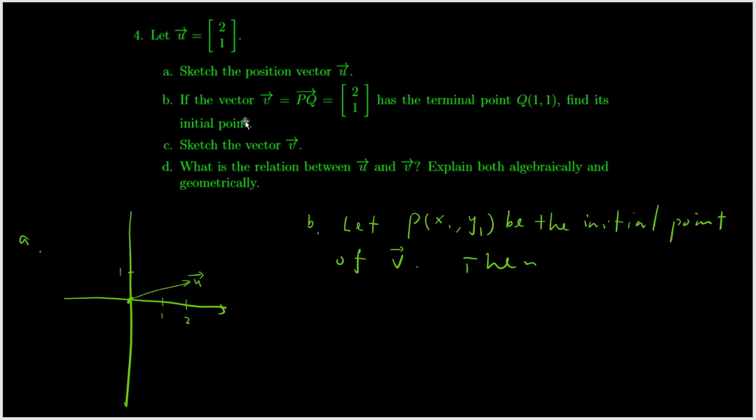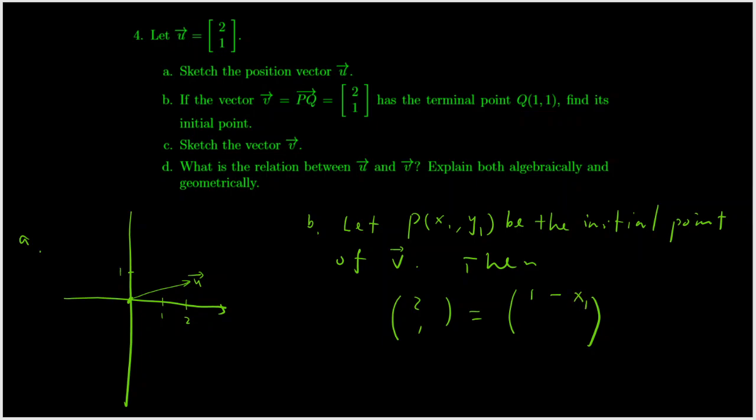You know the components of V, and you know the terminal point of V, and we have a formula for computing the components in terms of the coordinates, right? The components of V, 2, 1, are represented using the initial and terminal points. The terminal point is (1, 1). So the x coordinate of the terminal point minus the x coordinate of the initial point, which is x1.